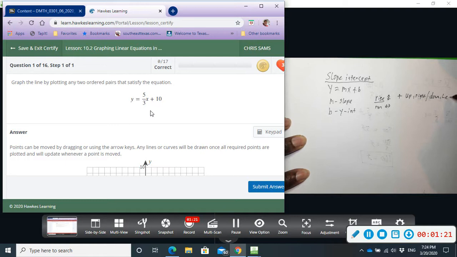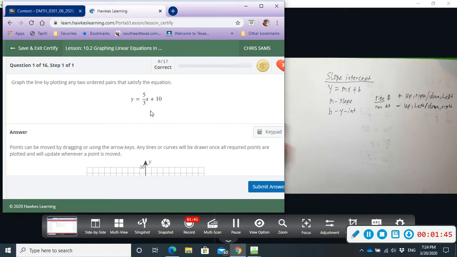These both will do the same thing. If it was negative, you would go up and left, or you would go down and right.